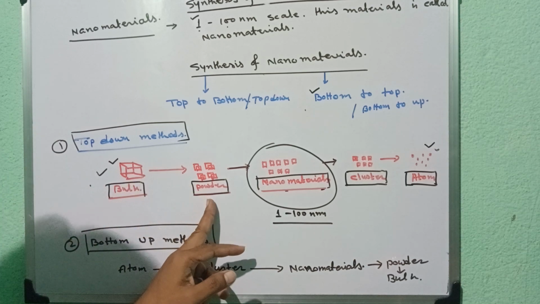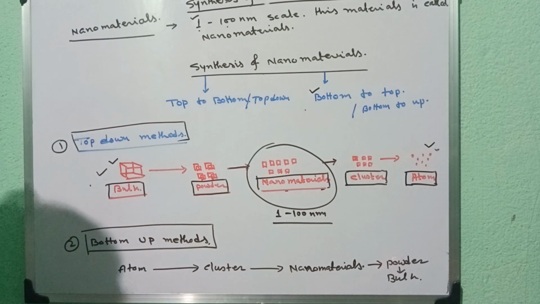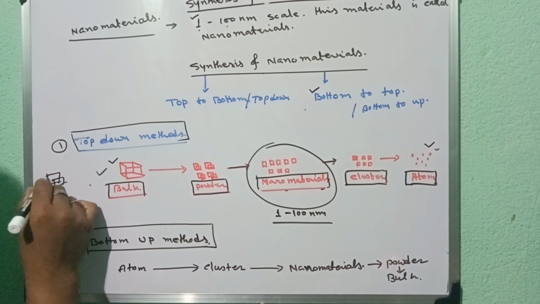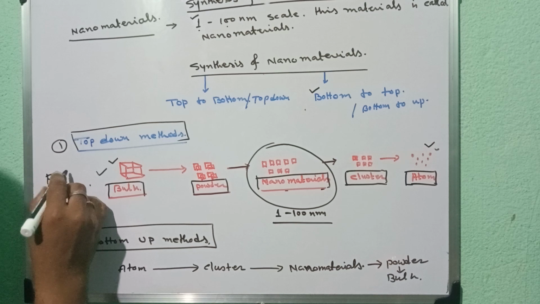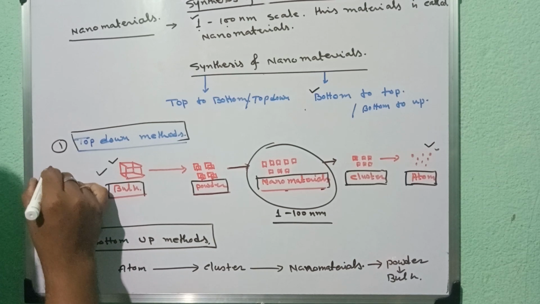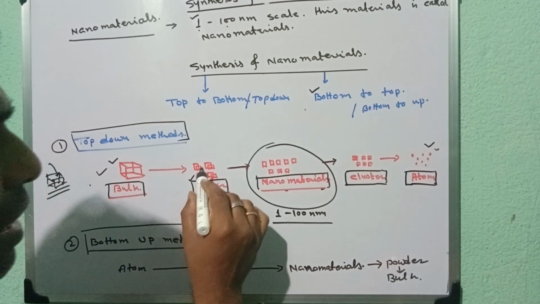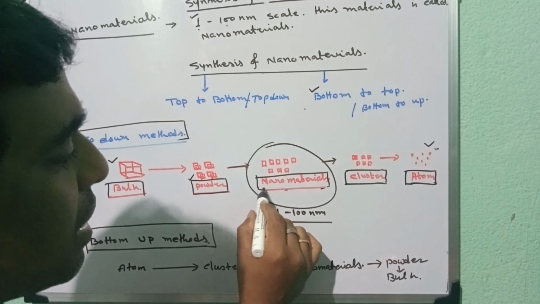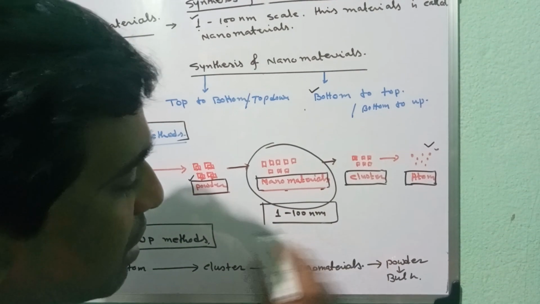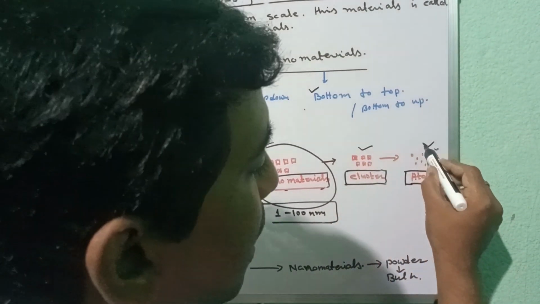After some physical, chemical, or biological process we can break this bulk material into powderic form, then into nanomaterial, very small in size, 1 to 100 nanometers, then into cluster form and atom form.